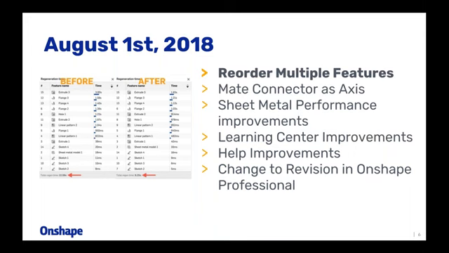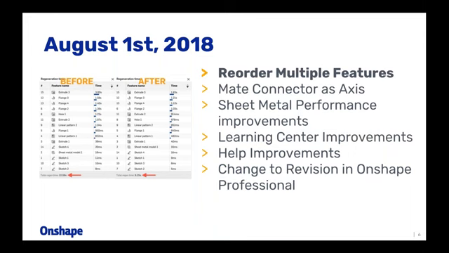The users who have built several parts in a part studio and have a lot of relationships back and forth, things like cuts that go through multiple sheet metal parts, will see the biggest performance improvements. But in short, in the realistic 5 or 10 part studio where you've built all these sheet metal parts and they have all these relationships with one another, you should see a significant performance improvement in the rebuild time.